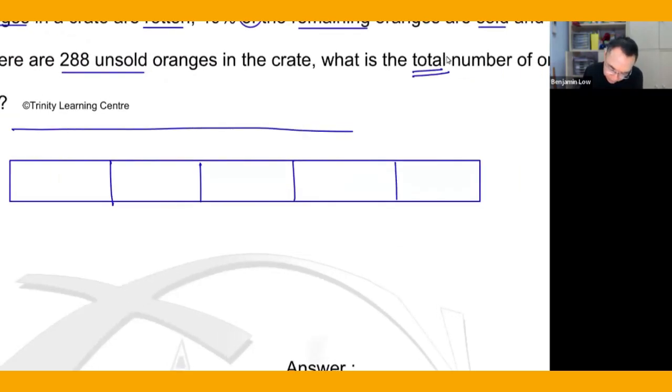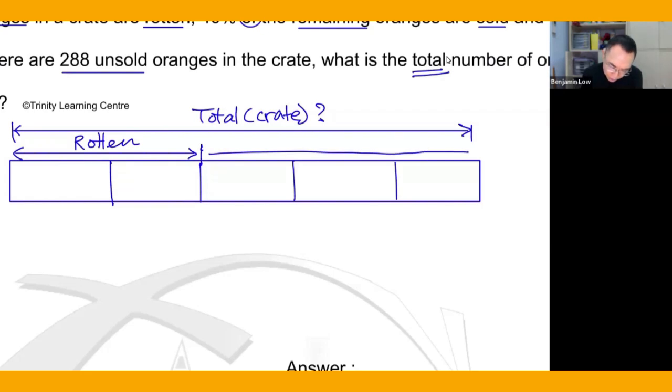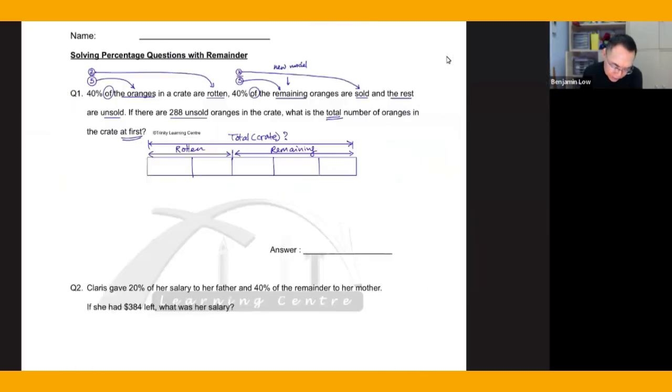So label the top as total. Then you can put here crate, which is the question. And of the 5, 2 are rotten. The word remainder, when you see the word remainder in a question, must always appear in the model. Okay, you can use remaining, you can use remainder, it doesn't really matter.